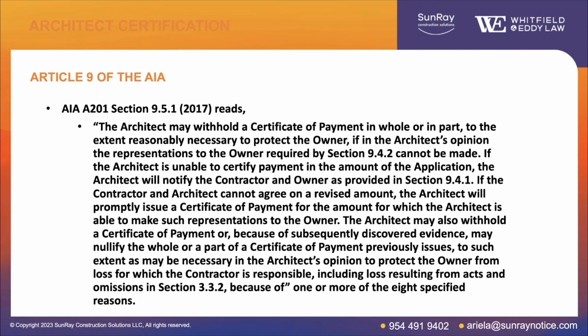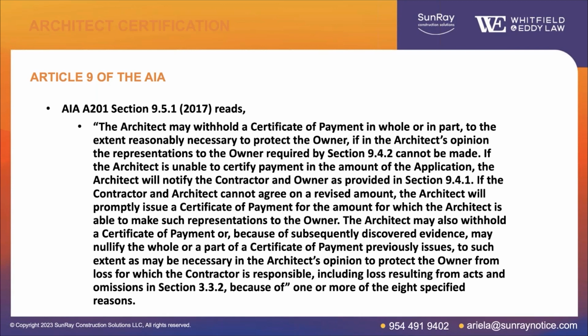And so what this provision says is the architect can withhold that certificate either entirely or partially if, in the architect's opinion, and that's important because it's the architect who gets to decide, the representations to the owner required by another section we're going to discuss can't be made.